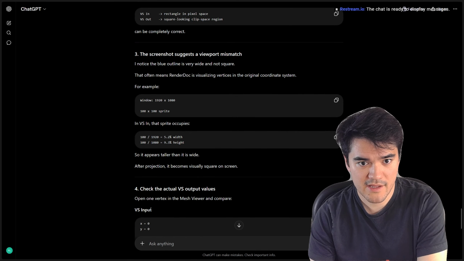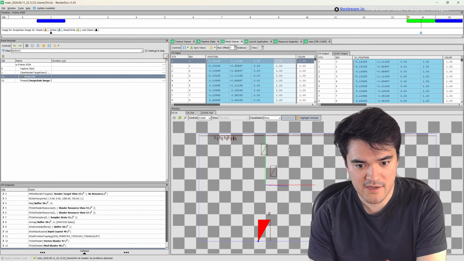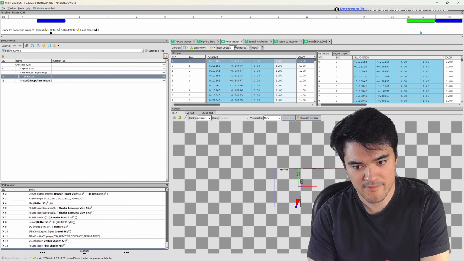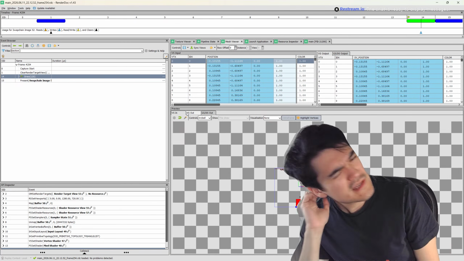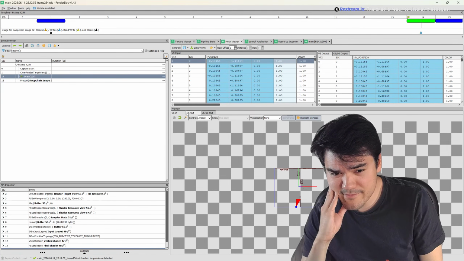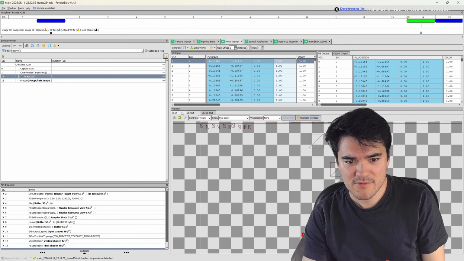The blue outline is very wide and not square. It is very wide and not square. But so is this, right? It does look wider than that. That's a little weird, because I think they should match, right?